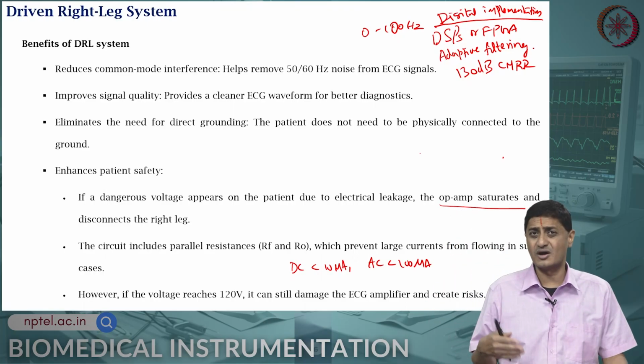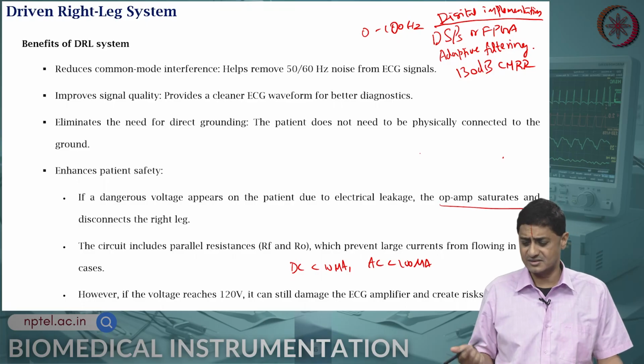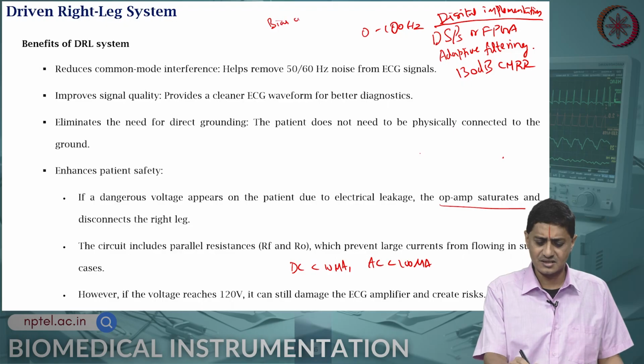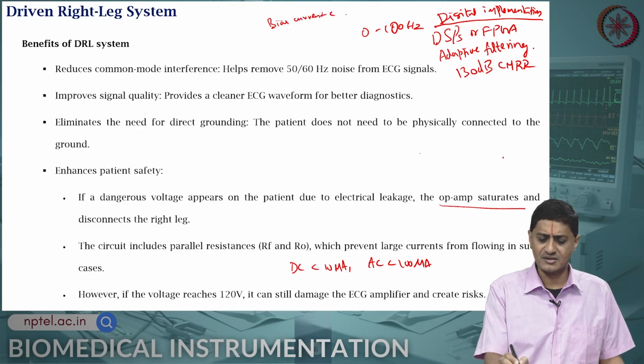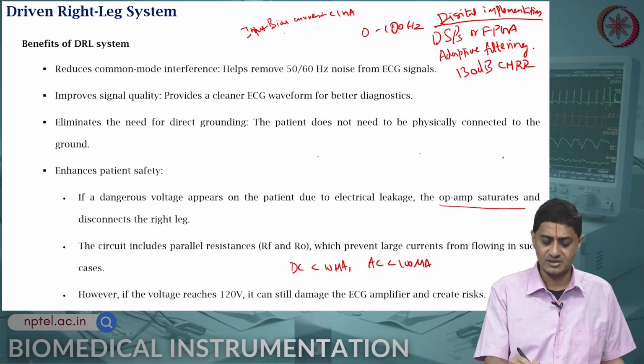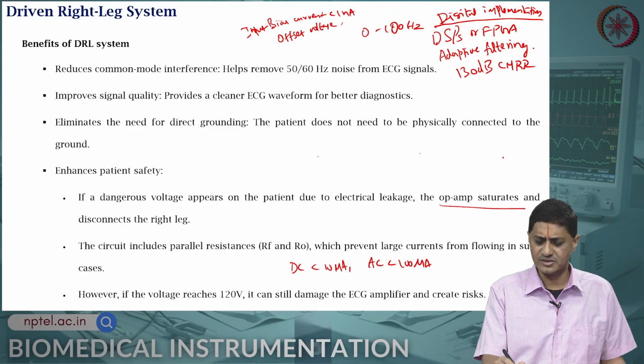Of course, your op amp characteristics should be that input bias current should be less than 1 nanoamp for your op amp for this driven right leg system, and offset voltage should be, I think, below 50 microvolts.